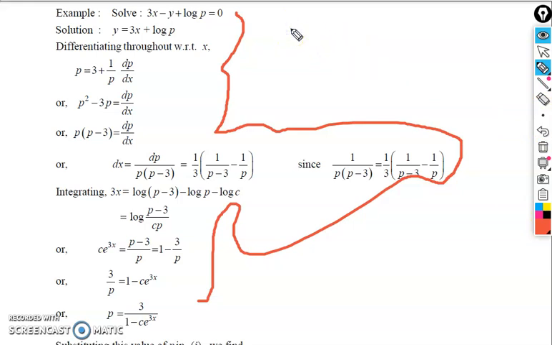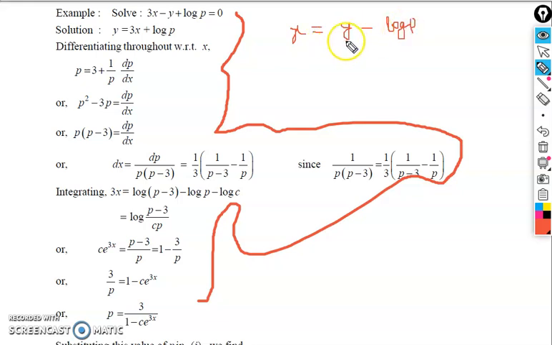If you do not write this as solvable for y, you can also write it as solvable for x. You can also write x = y - log p.